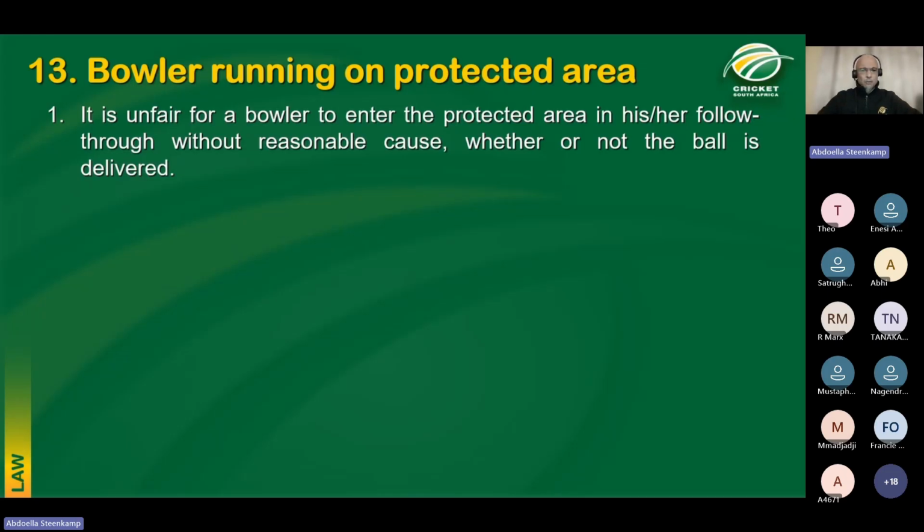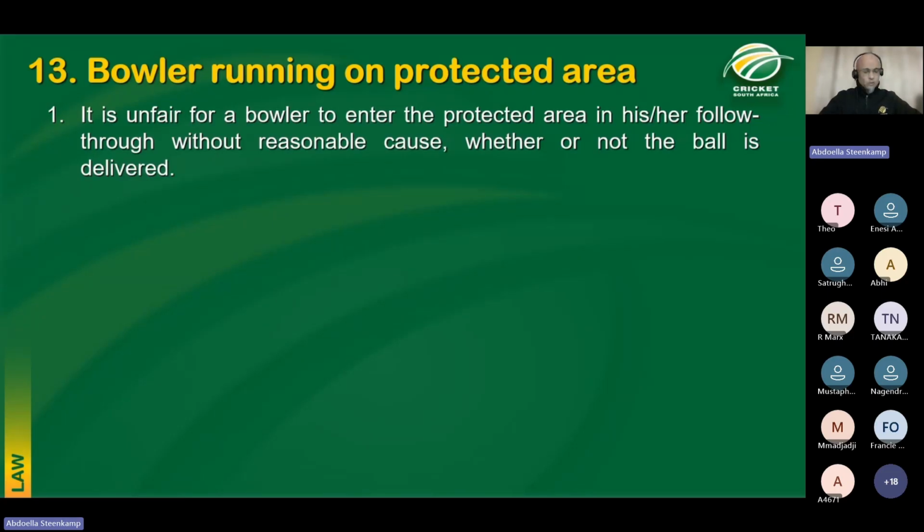So what is an example of a reasonable cause? What is an example of a reason why a bowler can go into the protected area? Let's say the batter hits a straight drive down the pitch. Now the bowler decides to field the ball, to stop the ball from going to the boundary, and needs to dive because the ball was hit straight down the pitch, and by diving, the bowler then goes into the protected area trying to stop the ball.